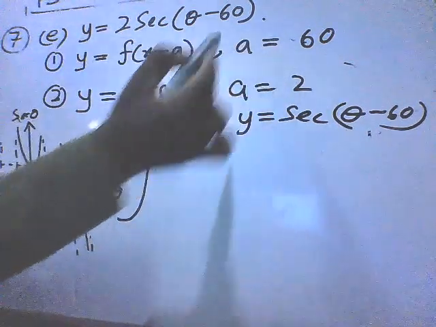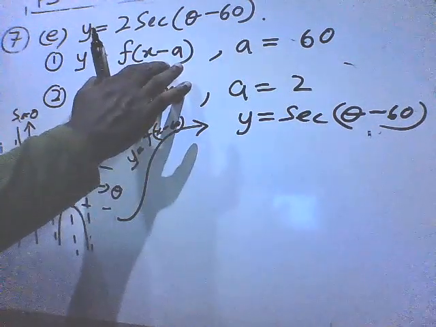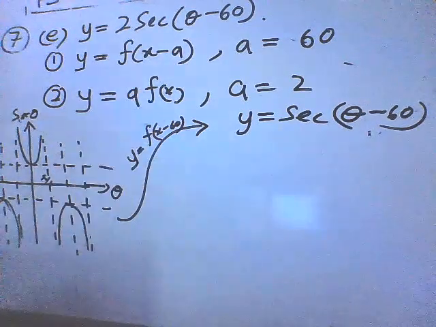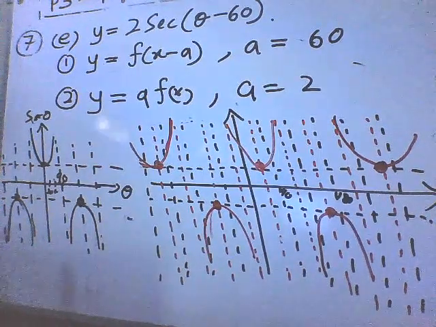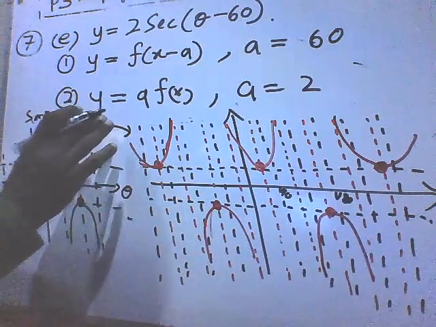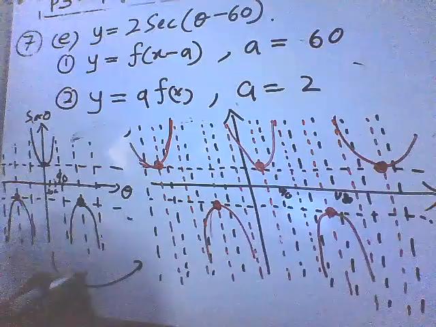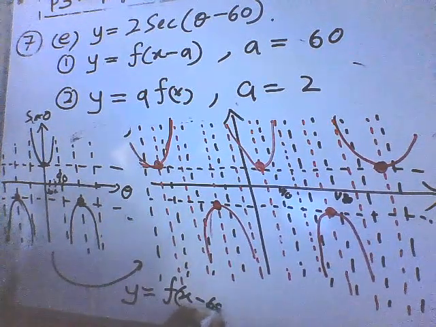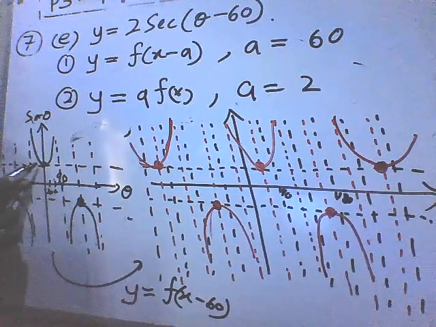If it is minus, in the x transformations I told, it behaves opposite, so the whole thing gets shifted to the right. So this is what would happen if we apply y equals f(x) minus 60. That means here you should go 60 degrees to the right, everything.